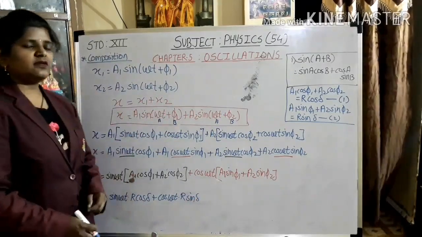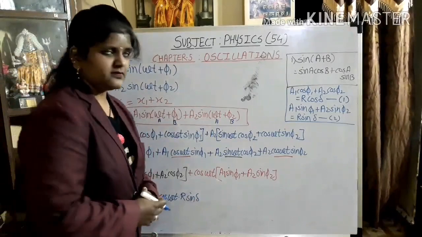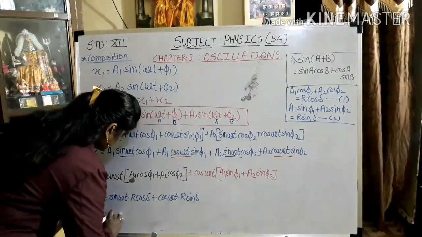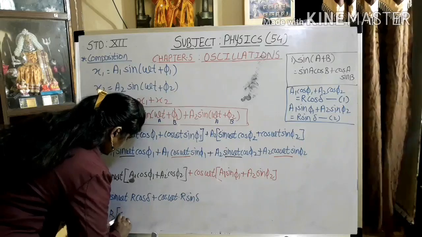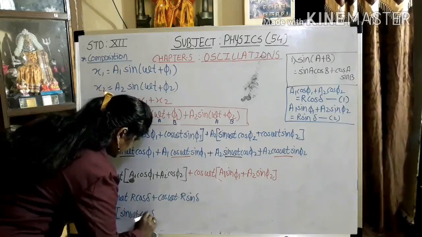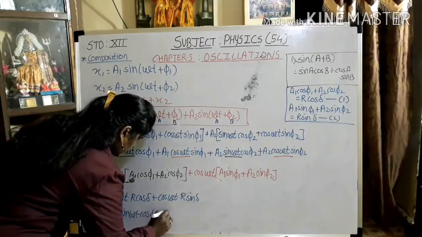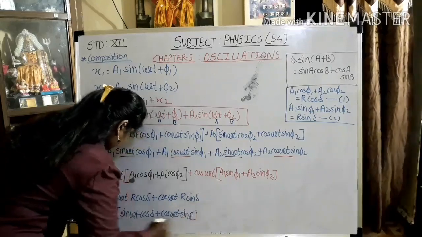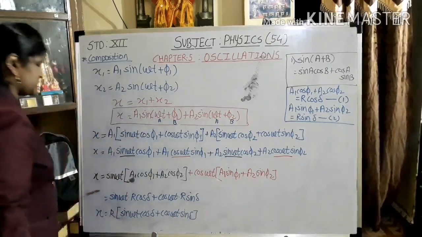So now what can we do? R can be taken outside because r is common in both the terms. So I will get r into bracket sin omega t cos delta plus cos omega t sin delta, which is nothing but x.